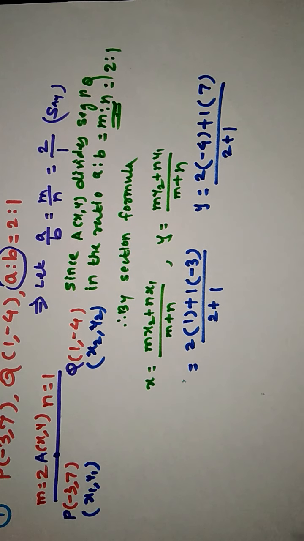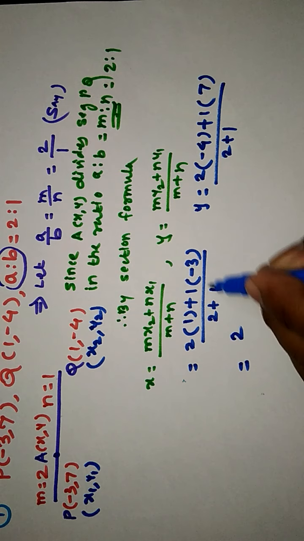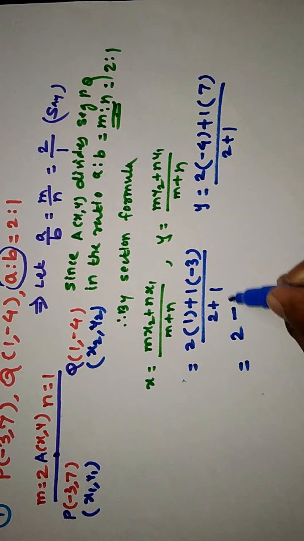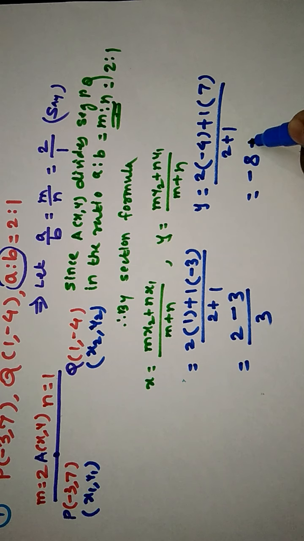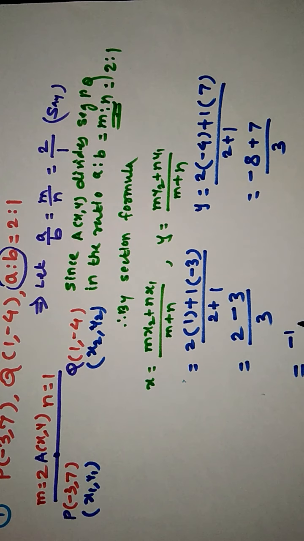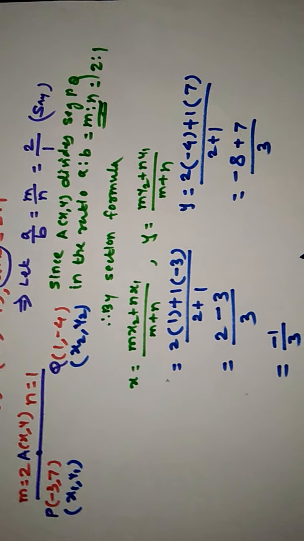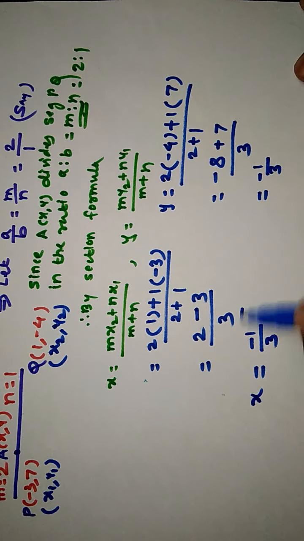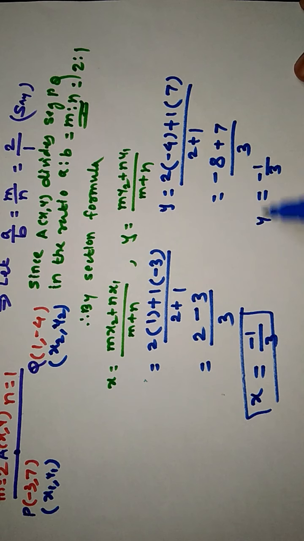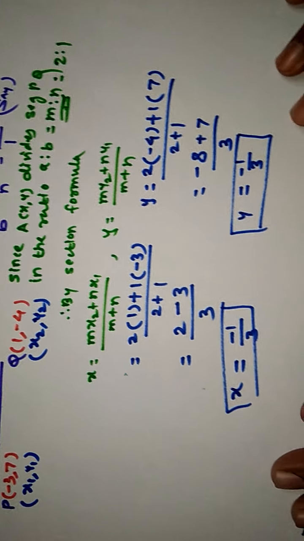Now simplify this: 2 ones are 2, plus minus 3 ones are 3, 2 plus 1 means 3. Again here minus 8 plus 7 divided by 3. 2 minus 1 means x is minus 1 by 3. Here again minus 8 plus 7 means minus 1 by 3. This is the x coordinate and this is the y coordinate.